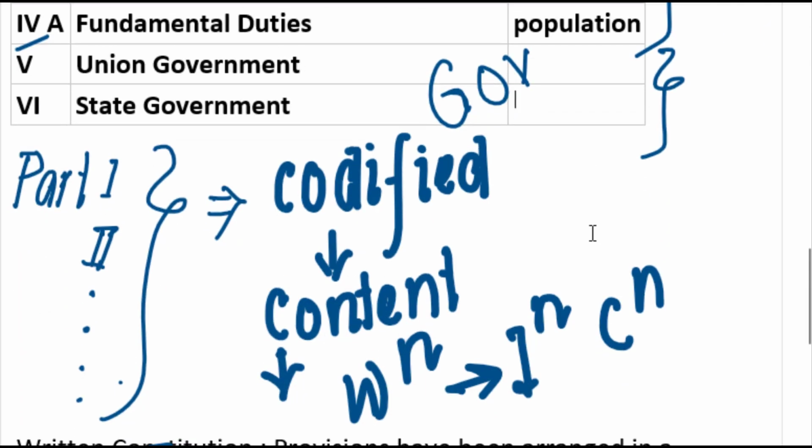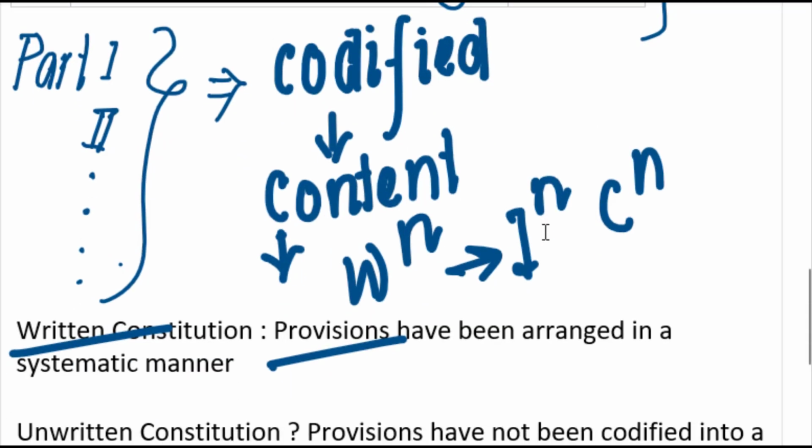So we were able to understand that the parts, being the content, are codified, and if such a constitution is a written constitution, therefore Indian Constitution also is a written constitution.